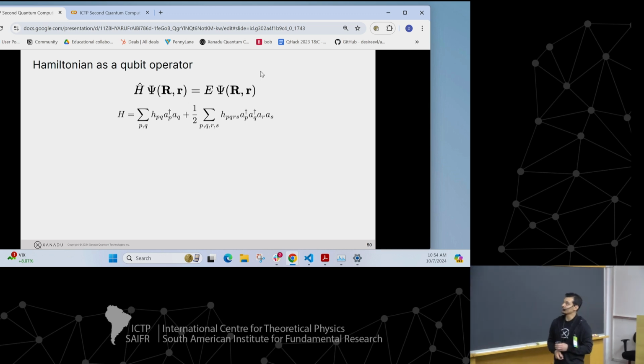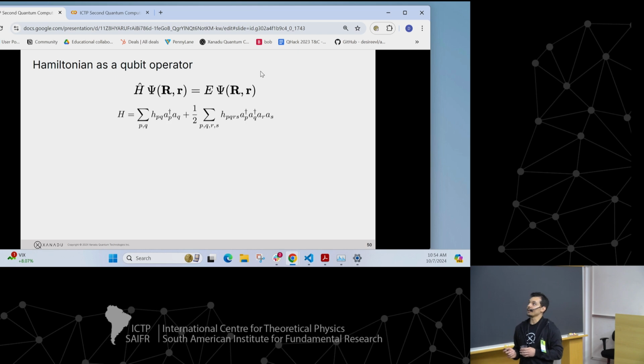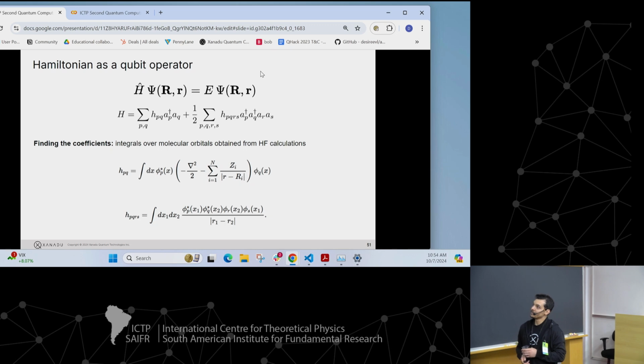To represent the Hamiltonian as a qubit operator, typically the first step is to express it in a second quantization formalism, so encoding things into fermionic annihilation and creation operators, as well as these coefficients that account for interactions between the electrons.